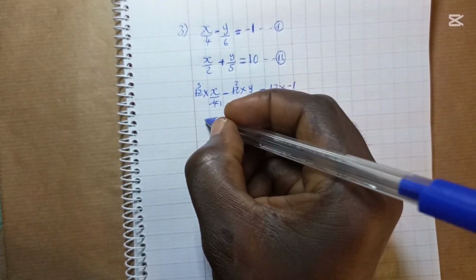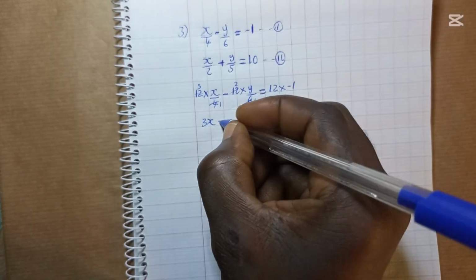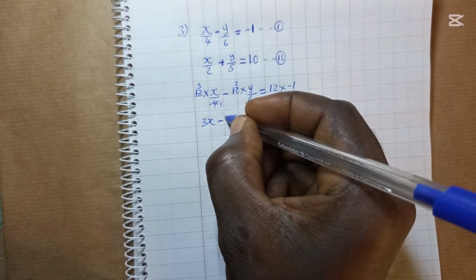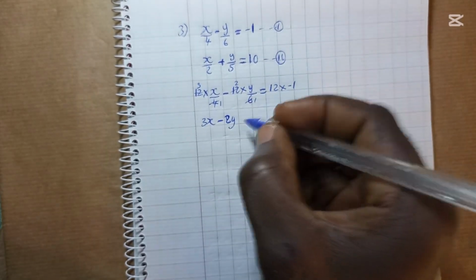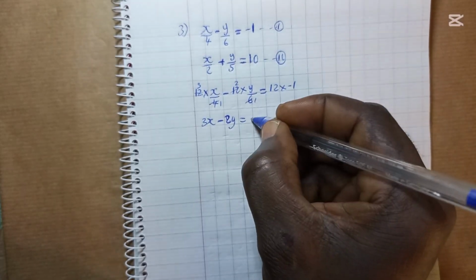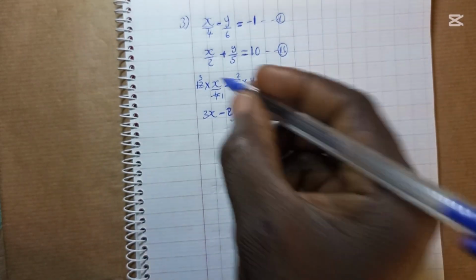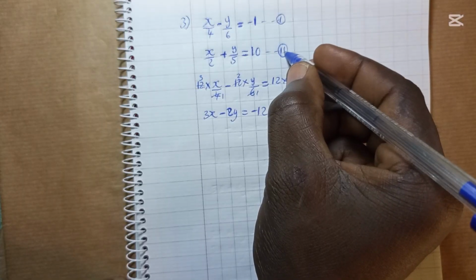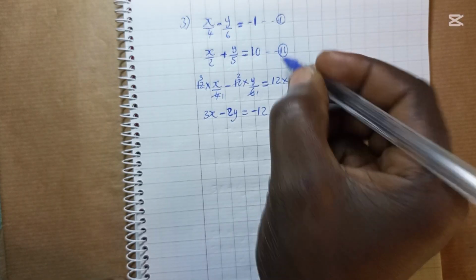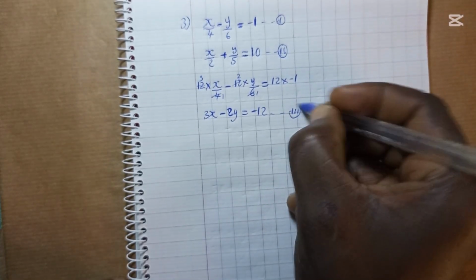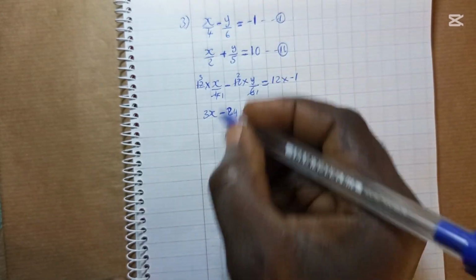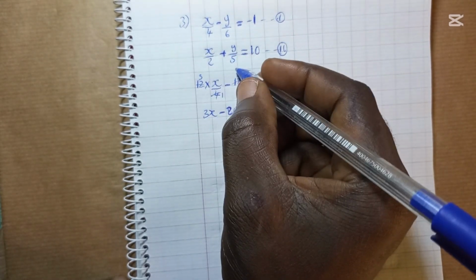So 3 times x is 3x, minus 2 times y, 2y, is equal to 12 times -1, that will give us -12. This is equation 3. And for equation 2, the LCM of 2 and 5 is 10.